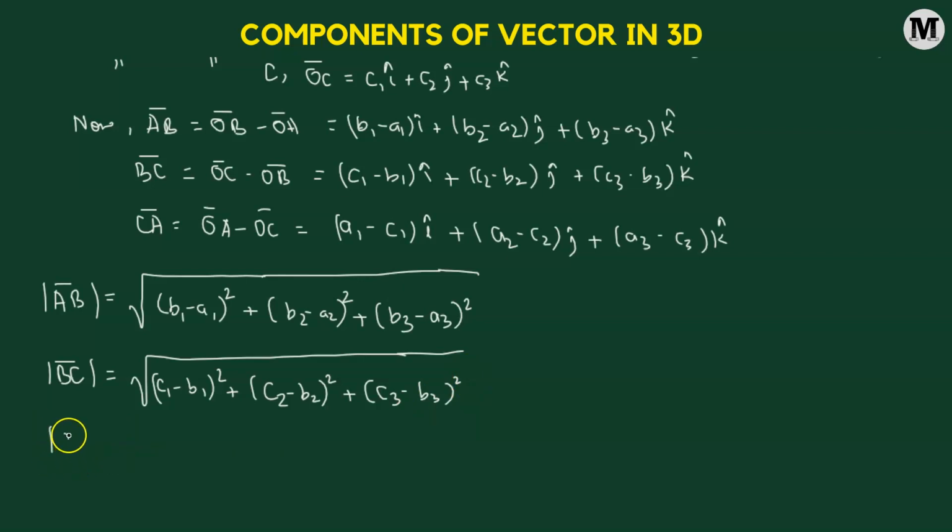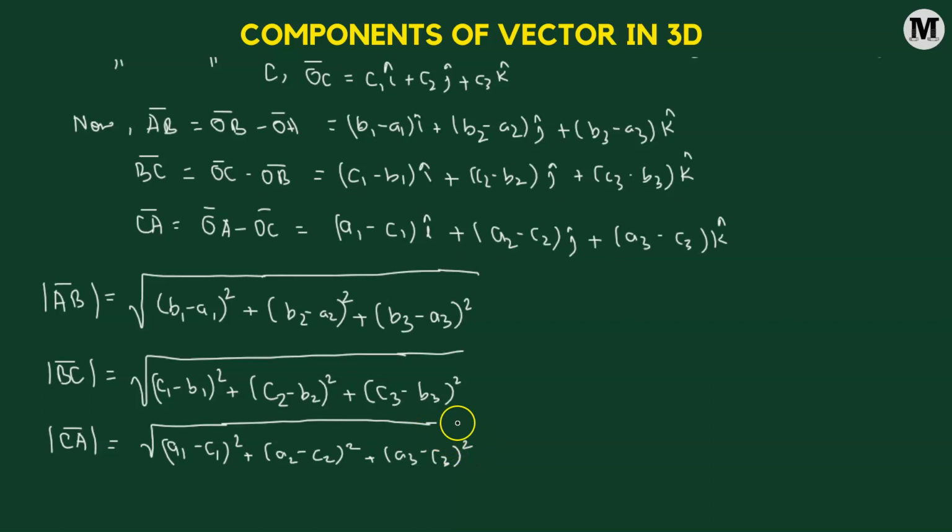And then finally we have the magnitude of vector CA, which is going to be equal to the square root of A1 minus C1 whole square, added to A2 minus C2 squared, added to A3 minus C3 squared. So we have successfully expressed the sides of triangle ABC in terms of the vectors AB, BC, CA, and we have also defined their lengths as well.